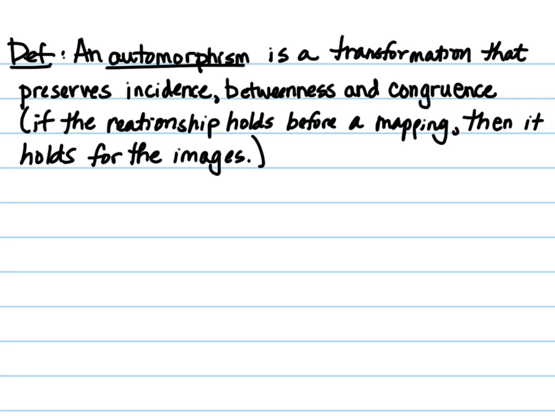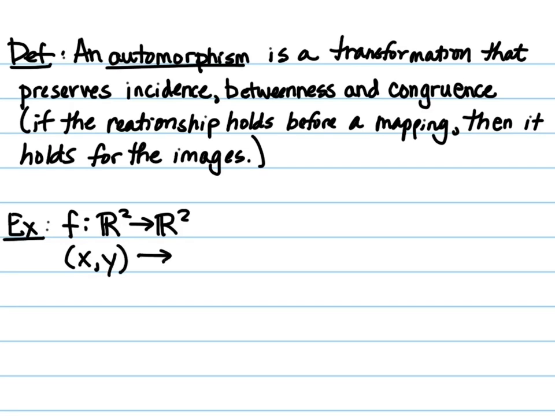And an example of this, again with R2. So we're taking a function or a mapping that takes R2 into R2. And what we can actually do here is we're going to take what's called a dilation. So we take x, y to 2x, 2y. So what is this doing visibly to an image?